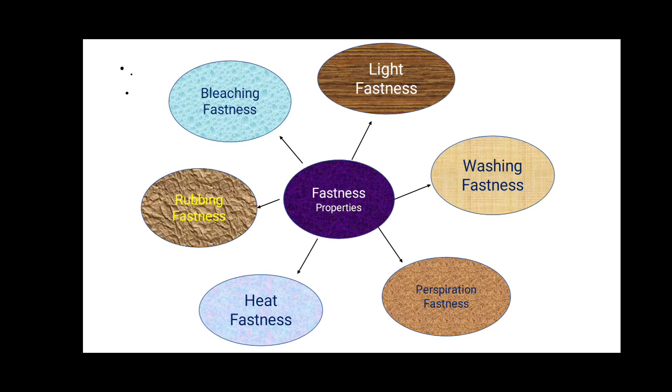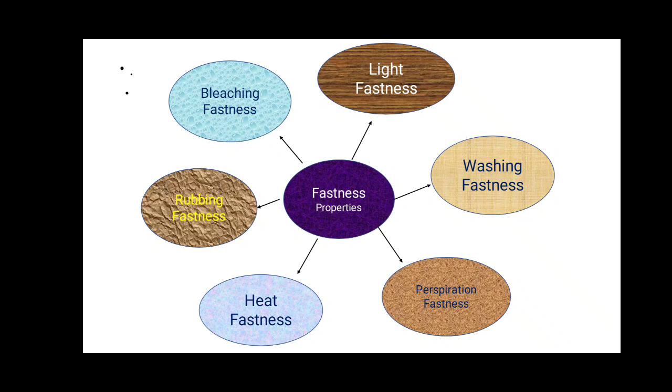There are six fastness properties: light fastness, washing fastness, perspiration fastness, heat fastness, rubbing fastness, and bleaching fastness.